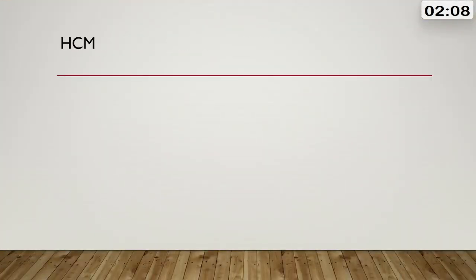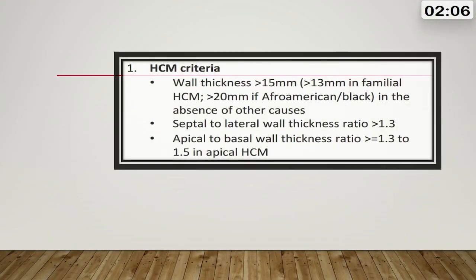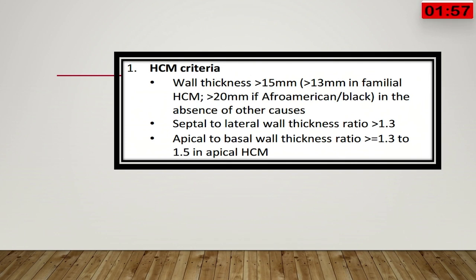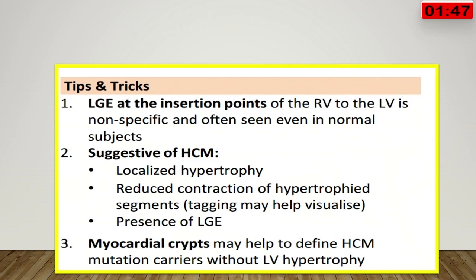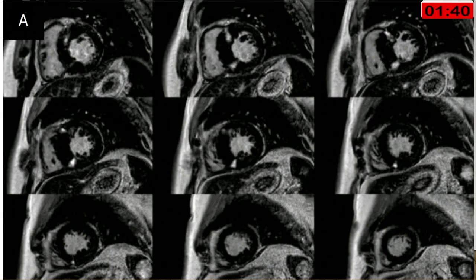So we excluded all the causes. Now it's easy to diagnose HCM, which has increased LV wall thickness more than 15 millimeters, or more than 13 millimeters in familial HCM. And you know septal to lateral wall and apical to basal thickness. Some tips and tricks in the diagnosis. Late gadolinium enhancement at the insertion point of the RV, can we see here?